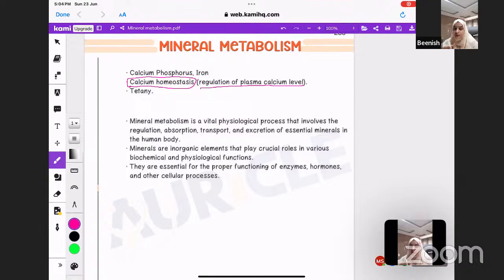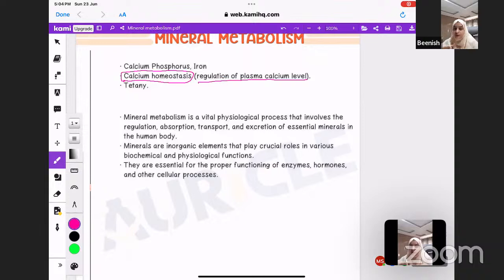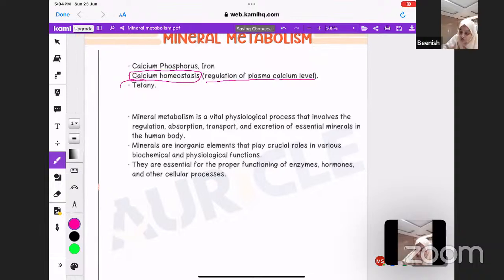If the level is disturbed, it can lead to various disorders. As I'm taking the example of calcium, it can cause tetany. Now, what is that? That is involuntary muscle contraction, and it is due to low blood calcium levels.